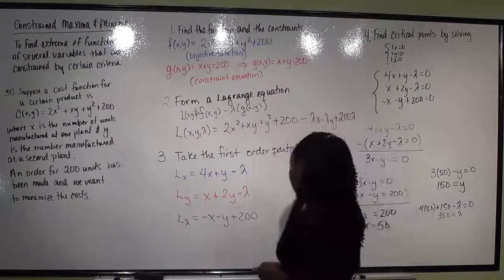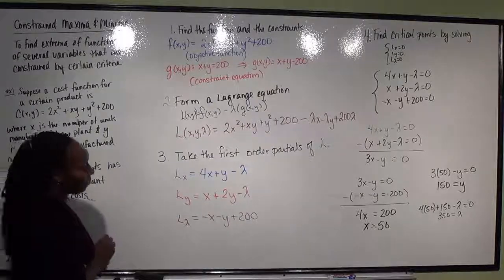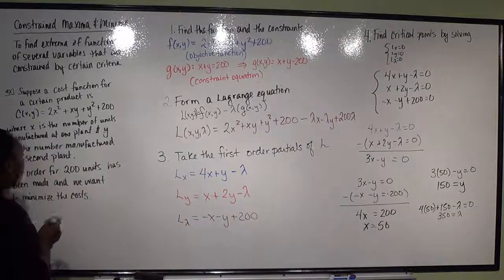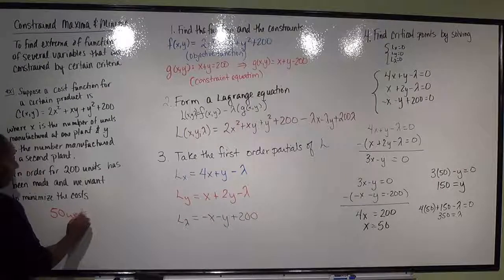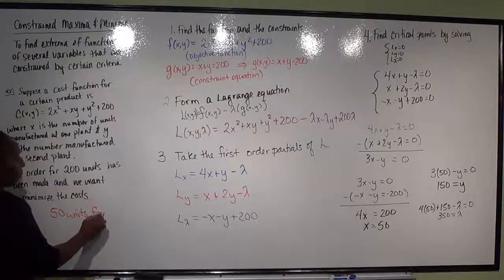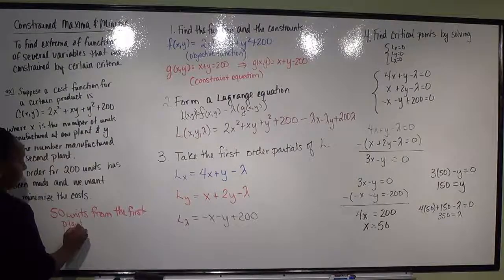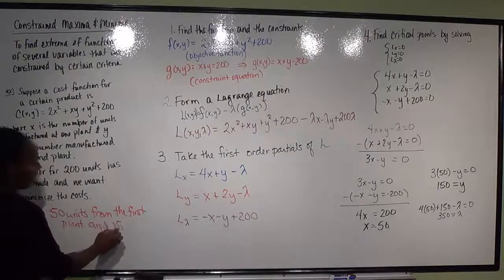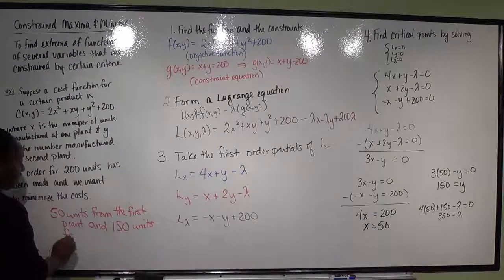So my solution here, the x and y are the only things I really need. Coming back over here to our problem, I need my x, which is 50 units from the first plant, and my y, which was 150 units from the second plant.